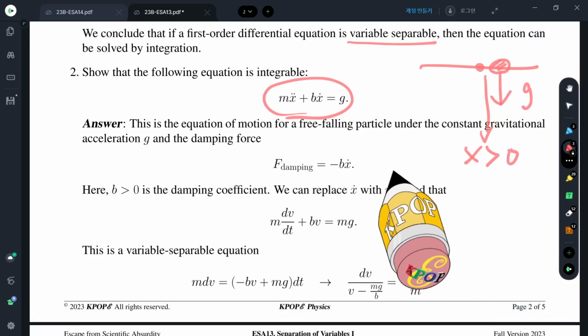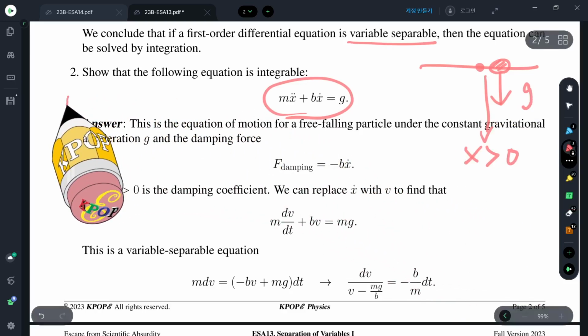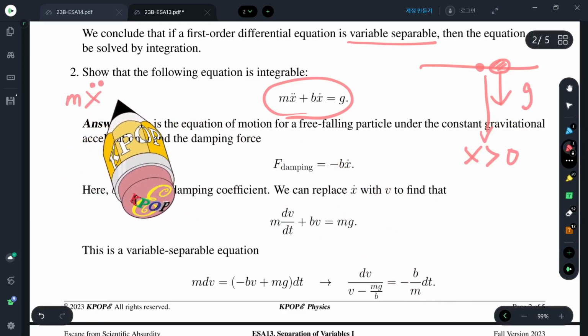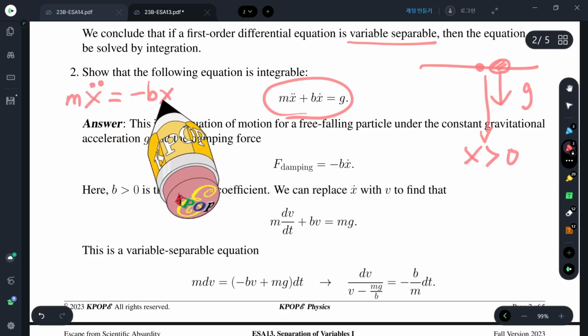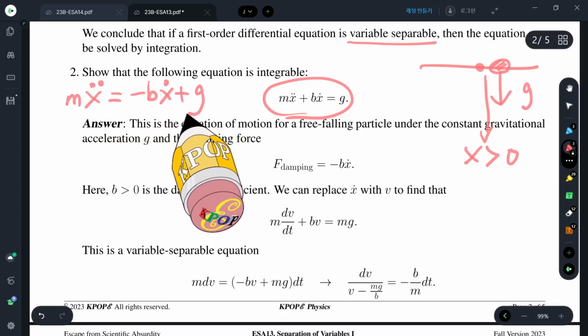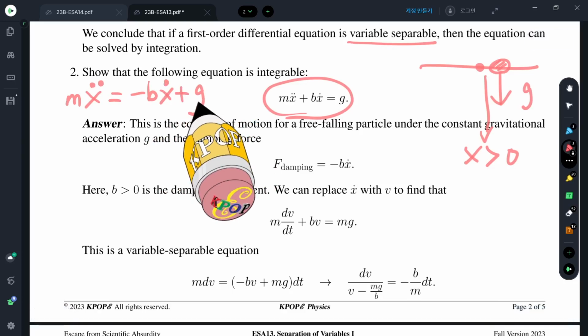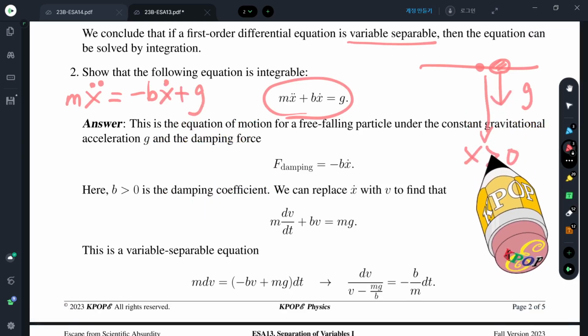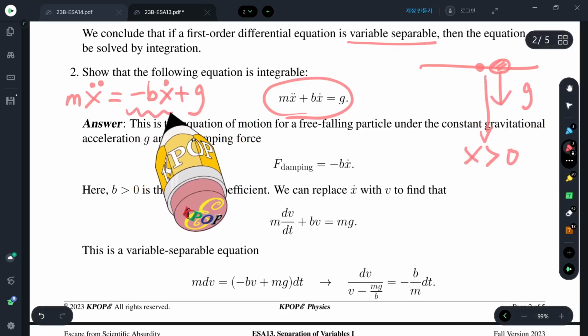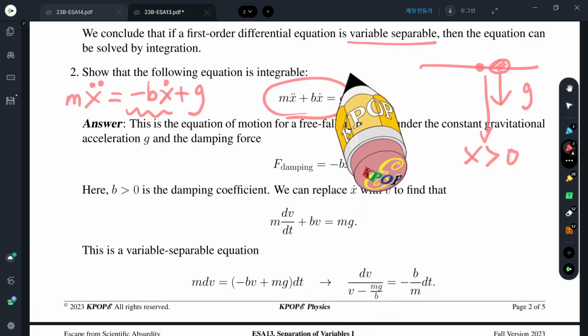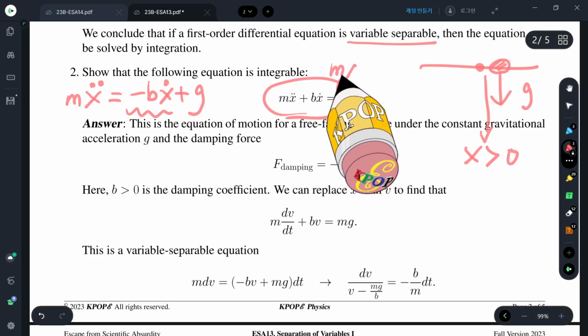So this equation indicates that x double dot equals minus b x dot plus g, and g is in the direction of increasing x, and then we have an additional force. Aha, there is something missing. I have to multiply by m in here.